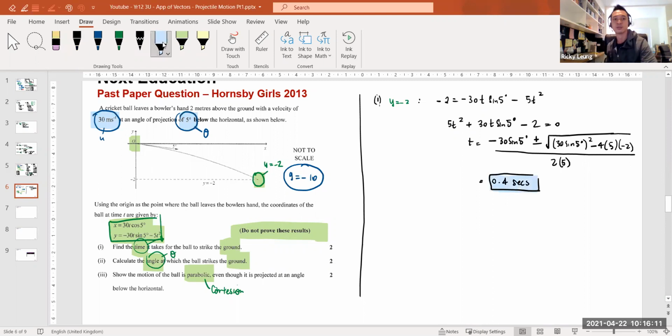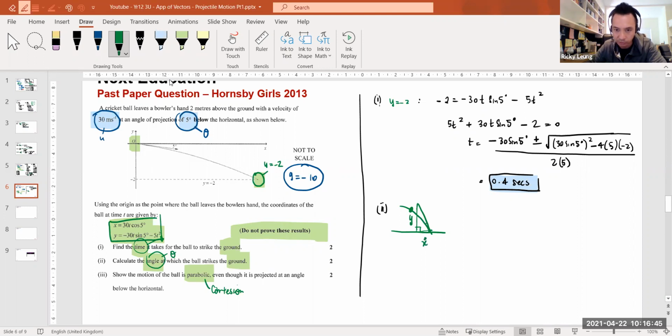Let's move on. Now find the angle at which it hits the ground. This one here isn't obvious, right? It's not going to access any of the formulas we use, but basically when it hits the ground, I'm just going to zoom into that diagram there. The way you sort of do it is that you work out, using SOHCAHTOA, the velocity vertically and the horizontal velocity.